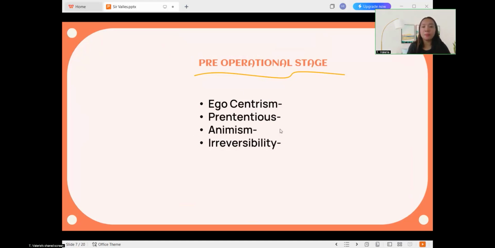So, meaning he has not developed the reversibility yet. He is still under irreversibility, wherein he cannot understand your question yet.